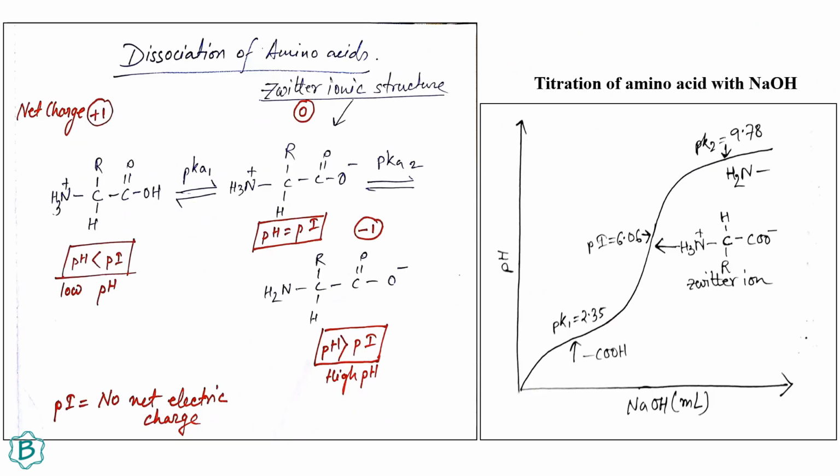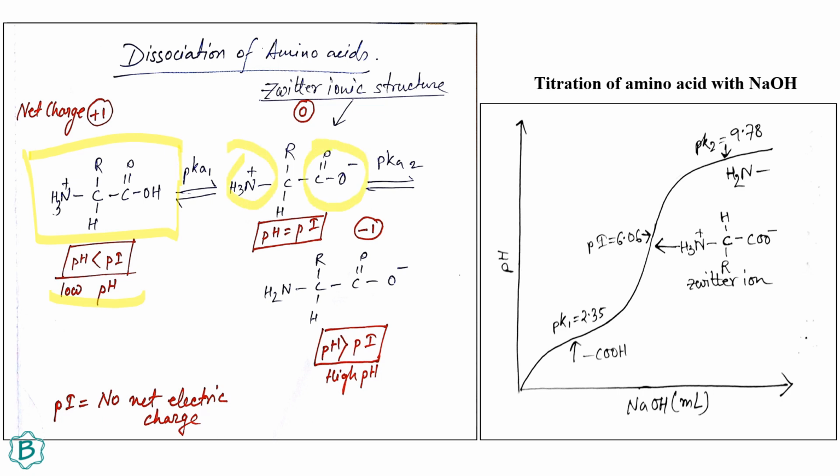Coming to dissociation of amino acids, as you can see, at low pH the carboxyl group is protonated. Now, when you add a basic solution or NaOH, the carboxyl group will release a proton and the net charge will be 0, because the amino group has a plus and the carboxyl group has a minus.